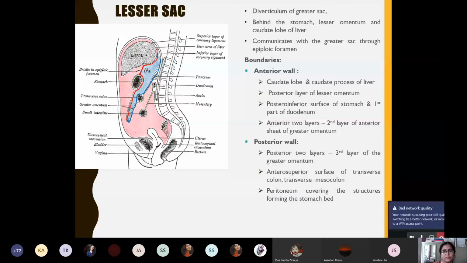Identify the blue color boundary of the lesser sac. Which boundary is this? Blue mark. I'm using blue color here, see. Which boundary is this?